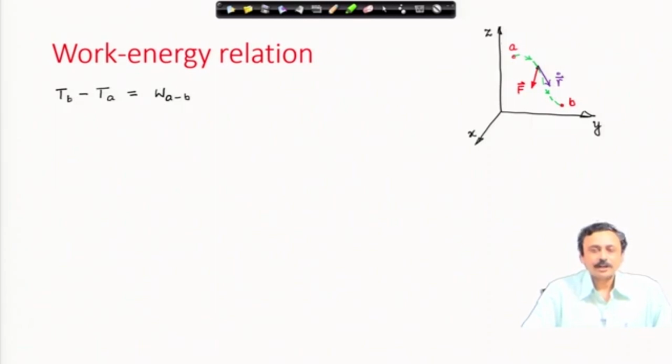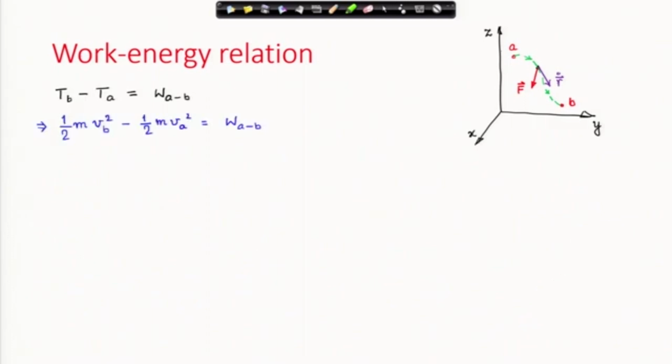This is the statement of the work energy relation, which says that the change of kinetic energy is equal to the work done by all the external forces as the particle moves from a certain position to another position. Now, I have written out the explicit expressions: suppose there is a particle and its velocity at position B is V_B and its velocity at position A is V_A.